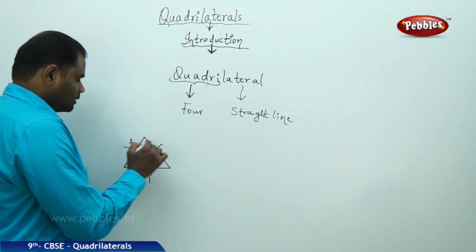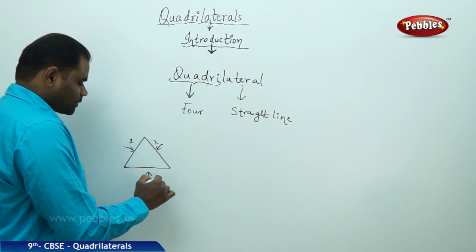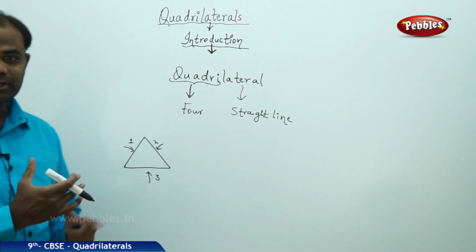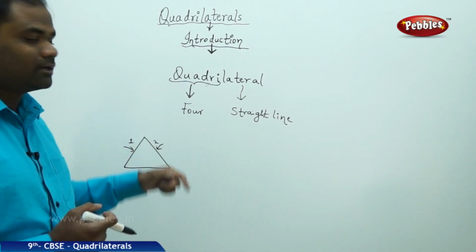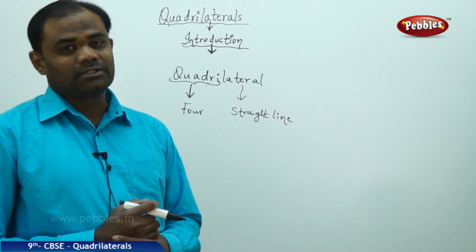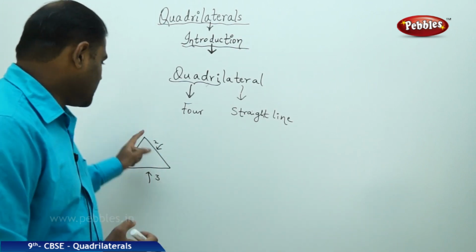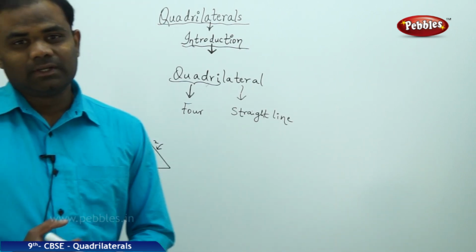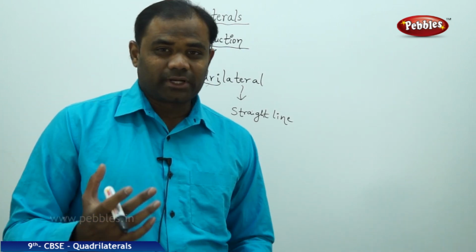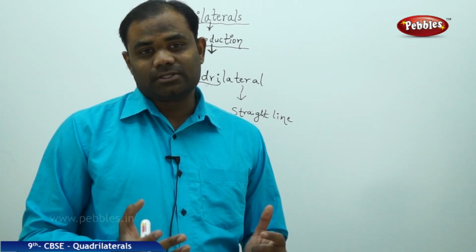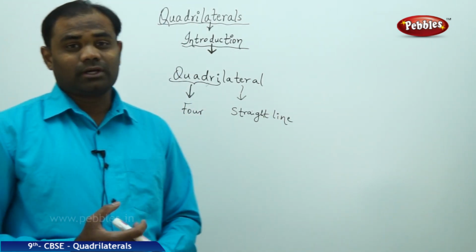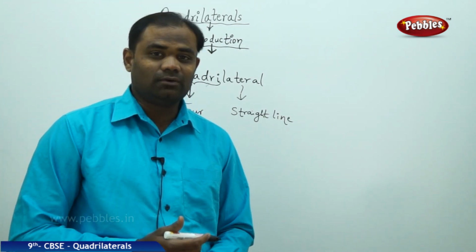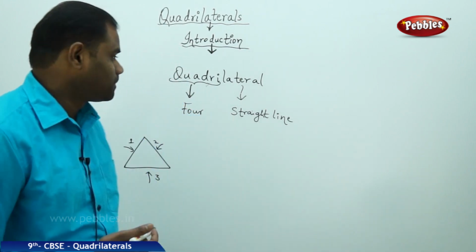Line number 1, line number 2, and line number 3 join together to form a shape called a triangle. Similarly, four straight lines join together to form a closed figure in a similar manner, called a quadrilateral. So let's see how a quadrilateral is formed.